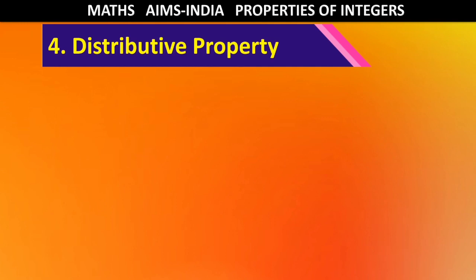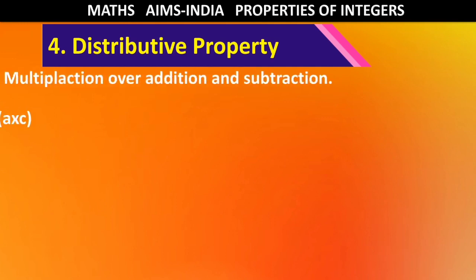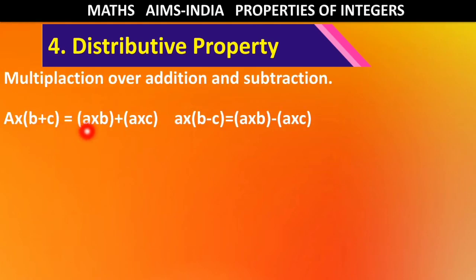What it wants to say here is, when we have an equation like this, we can solve it in two ways. When we have a into (b plus c), first we can add b and c and then multiply with a, or we can distribute a among both the integers. We can write a into b, then the plus sign, and a into c.